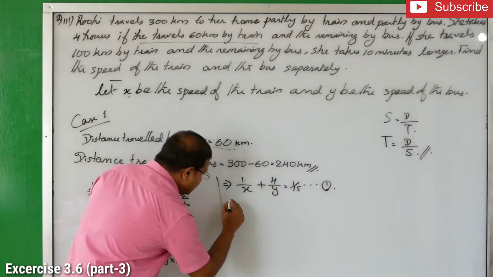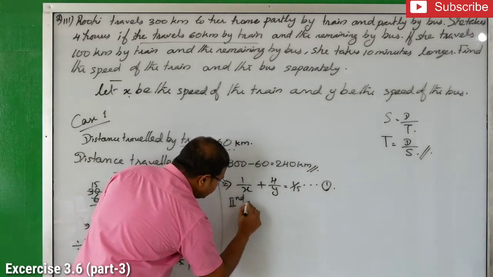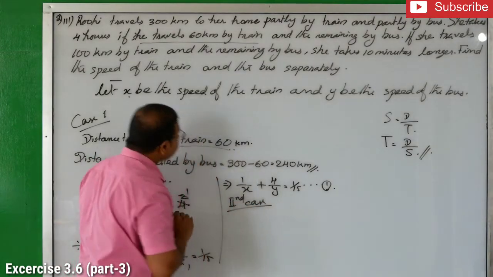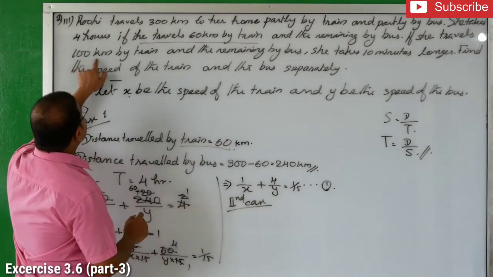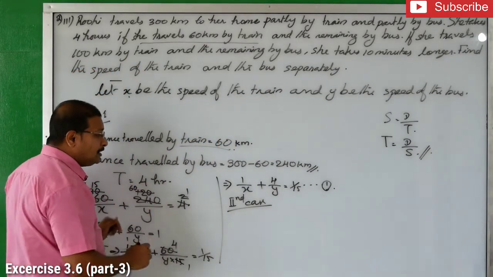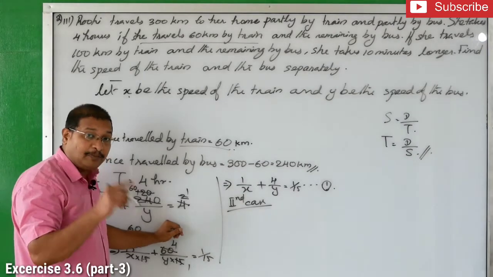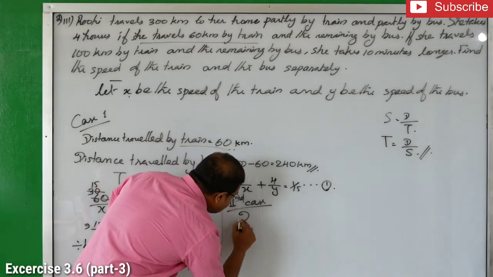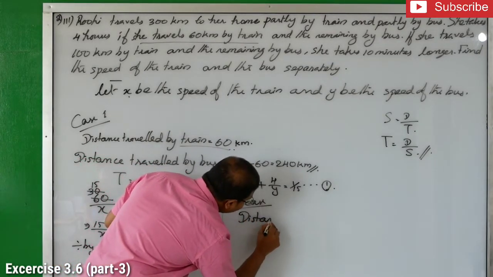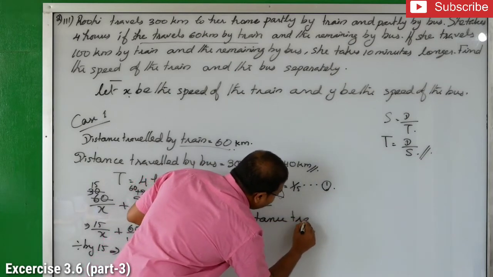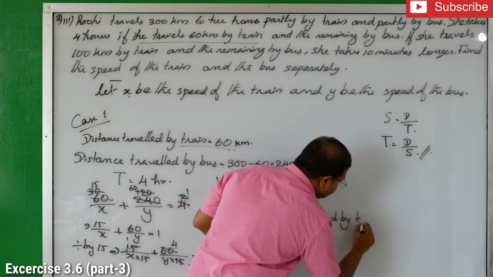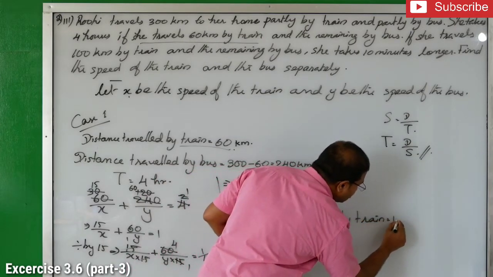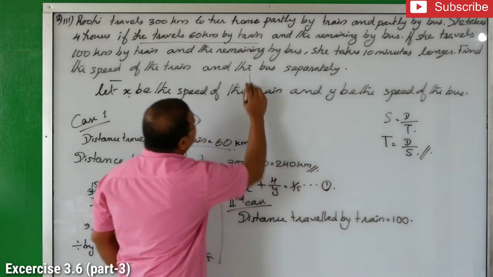Now, second case. There is case 2. See now, she travels 100 kilometers by train. This time, she travels 100 kilometers by train. That means distance traveled by train equals 100, and the remaining by bus.